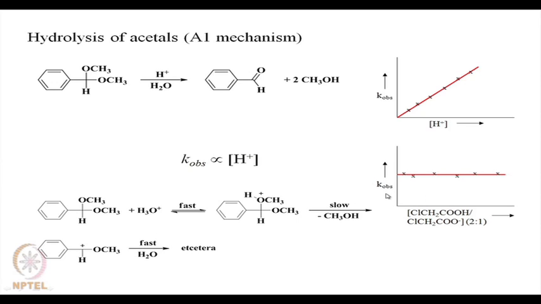So, again, if you plot K observed as a function of your buffer concentration, although keeping your pH constant, you won't see any change in your K observed. That means it strongly depends on the hydrogen ion concentration.